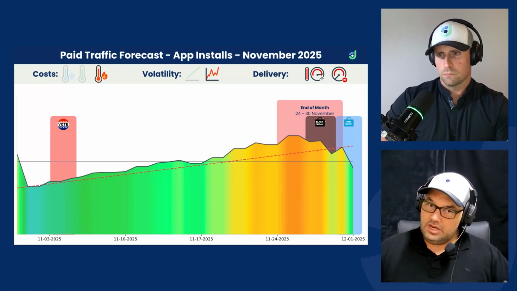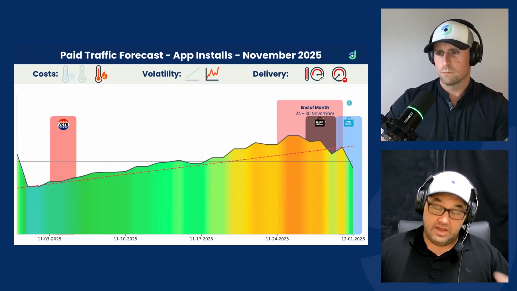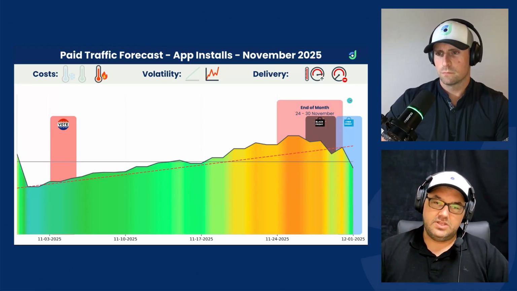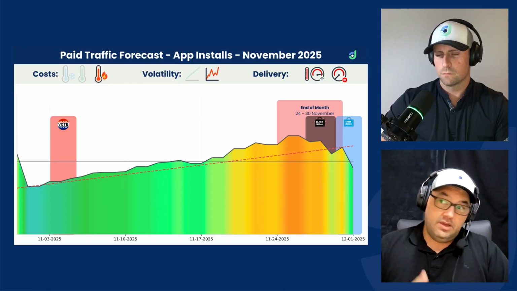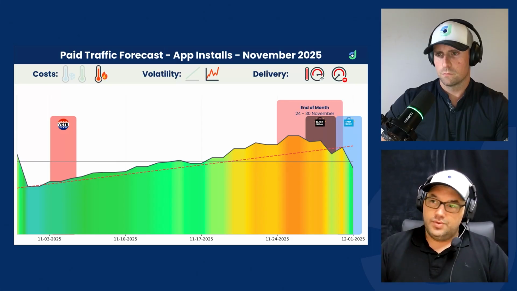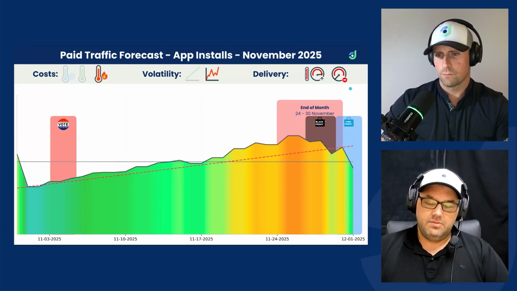Irrelevant of what you're doing, there's a huge amount of advertising budget being spent at the end of this month, so keep a lookout for that. These are ones that you've really got to keep your eyes open for. Irrelevant of whether you're in app installs or whatever, these are very likely to affect your performance through the month.